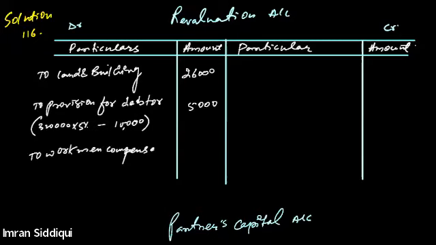Workman compensation claim was 6,000, so we'll write this value here. Is that clear, everyone?